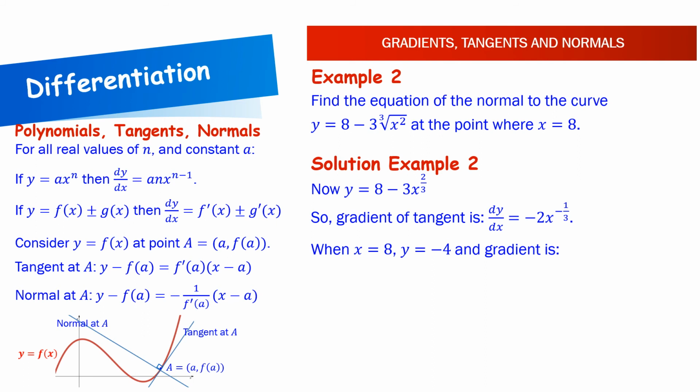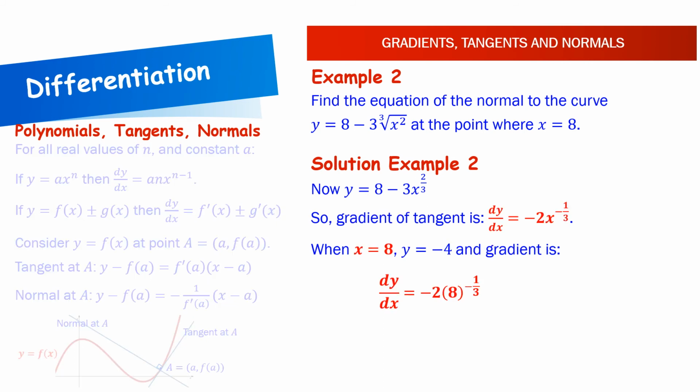So when x equals 8 and y equals minus 4, the gradient is minus 2 times 8 to the minus 1/3. We've simply substituted x equals 8 into the formula for dy/dx.